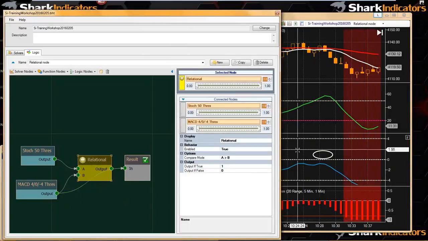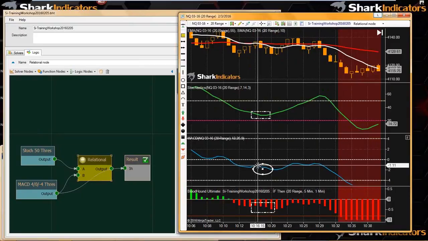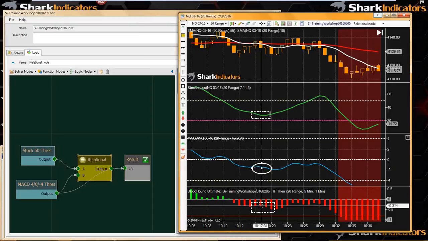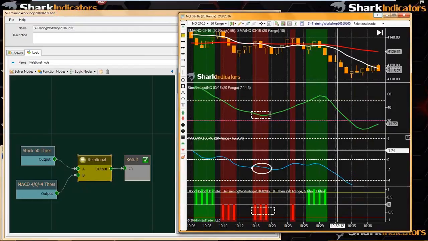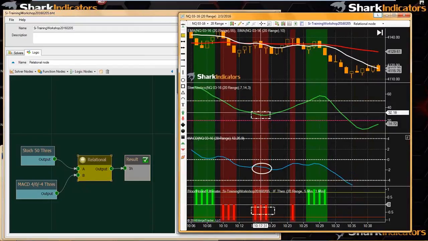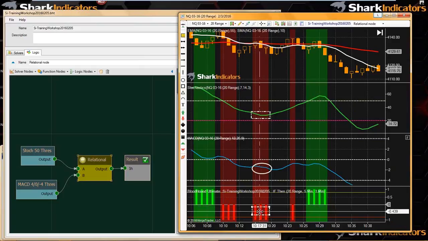Let's look at the MACD. The MACD is also below 0, so it's negative, but its value is about 0.3. So the MACD is less than the stochastic. In other words, the stochastic has a greater output than the MACD for these 3 bars. Therefore we get a short output.